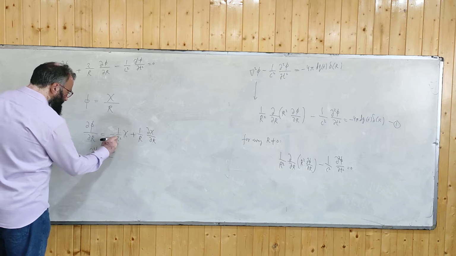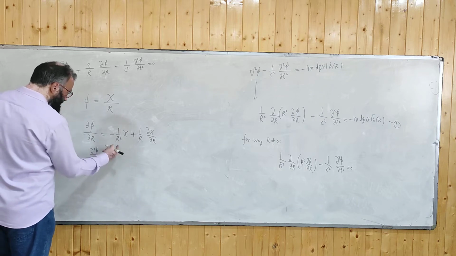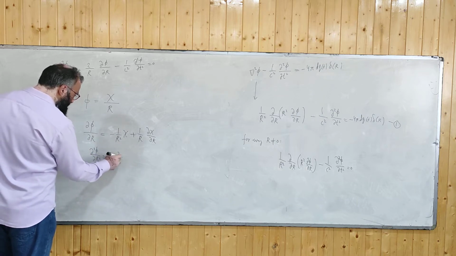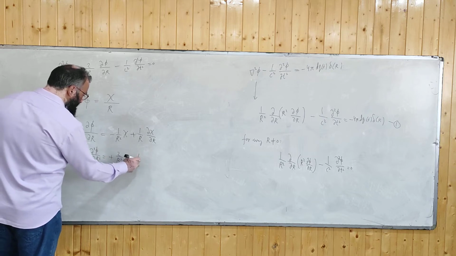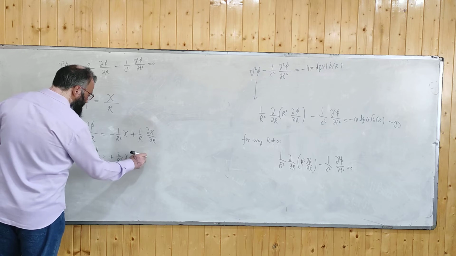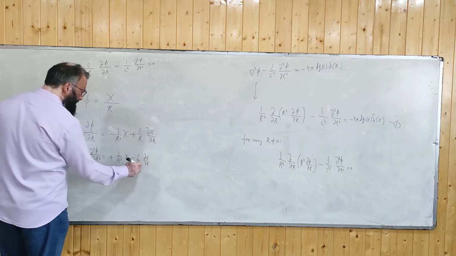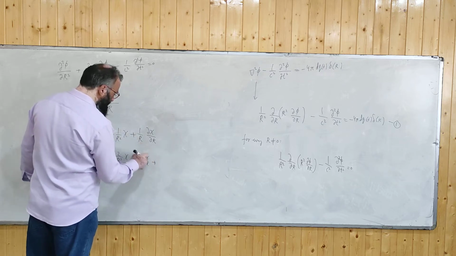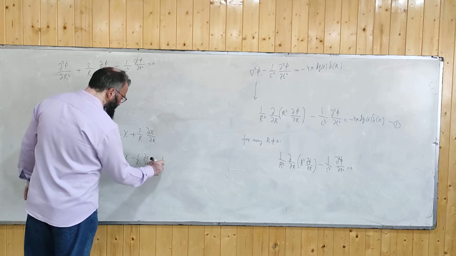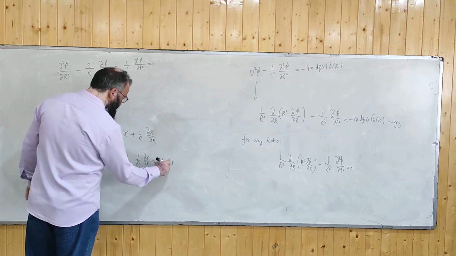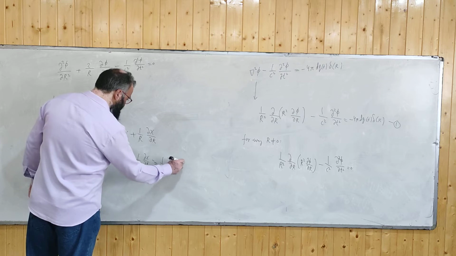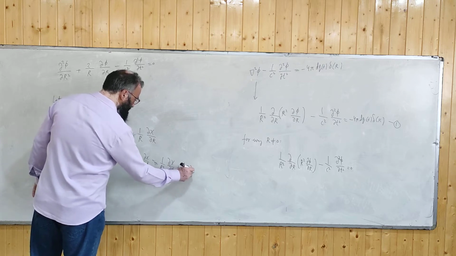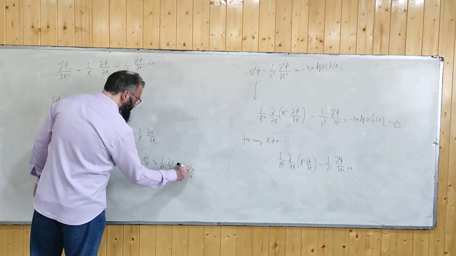So it is plus 2 by r cube chi minus 1 by r square partial chi by partial r, plus, okay, minus 1 by r square partial chi by partial r plus 1 by r partial chi by partial r.